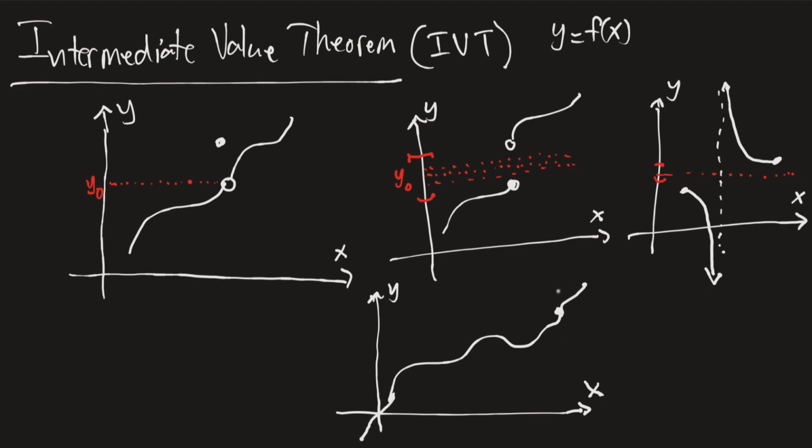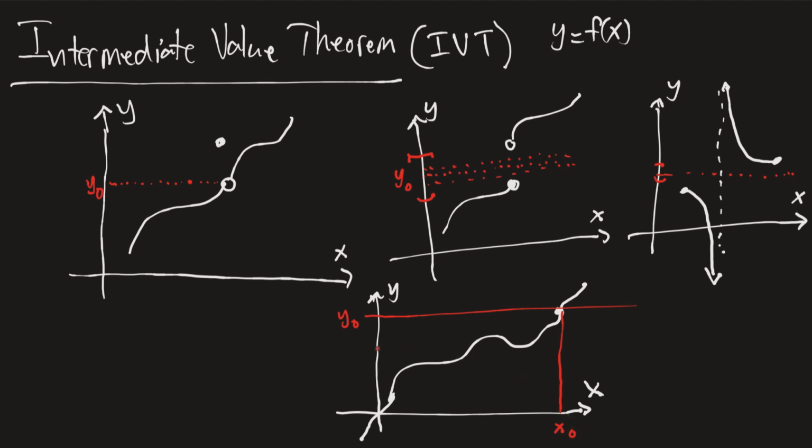But the whole idea is now you pick any y value here and you try to draw a horizontal line, it will always hit the graph of the function at least one point, right? So let's say you pick this y value here. If you pick this as the y, then I would pick this as the x.